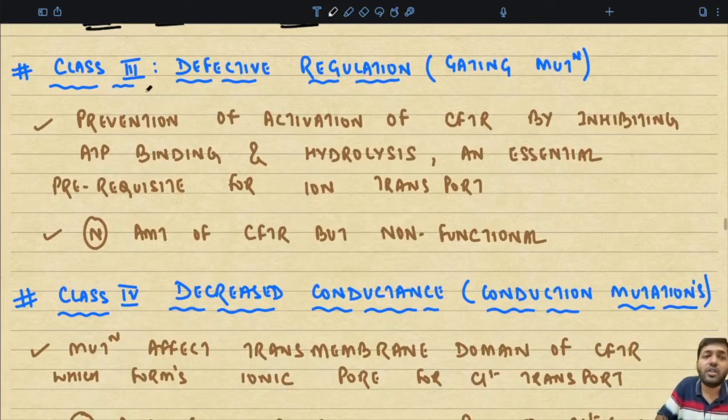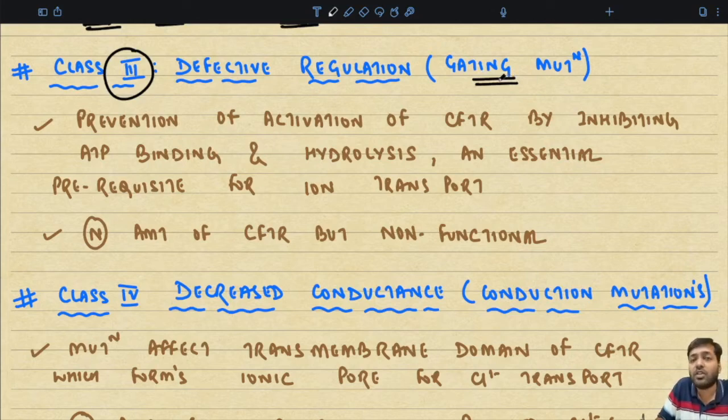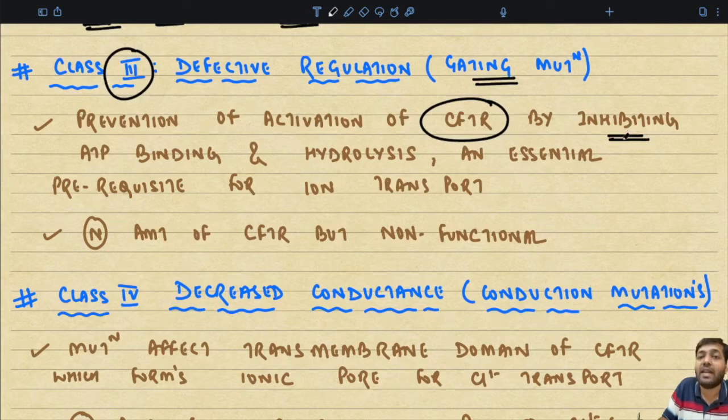Now the class 3 mutations: there is a defective regulation, also called the gating mutation. The class 3 mutations are basically due to defective regulation. So there is prevention of activation of CFTR by inhibiting the ATP binding and hydrolysis, an essential prerequisite for ion transport.